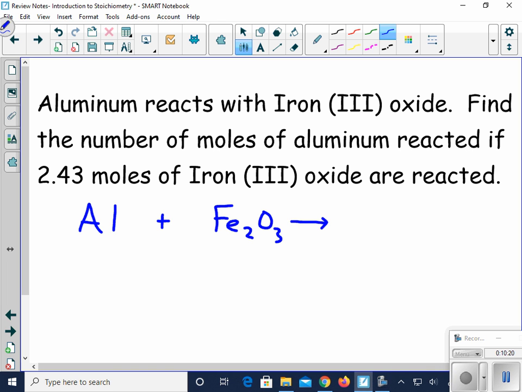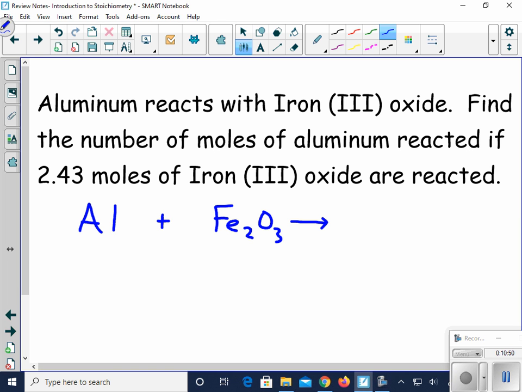Now, I look at that, I have to identify what type of a reaction this is. Correct? So what type of a reaction is this going to be? A single replacement. Excellent.